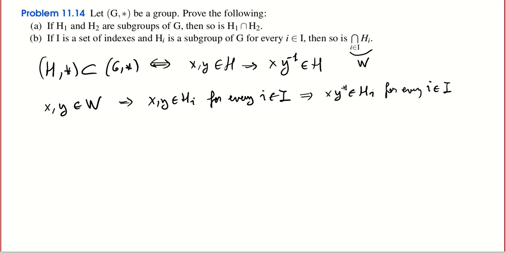If you have this element which belongs to all the sets Hi, then it also belongs to the intersection. So x y minus 1 belongs to W. So W, which is just this intersection, must be a subgroup. And therefore, we have proven this statement, and this one, as I said, is just a particular case of this one in which you just have two indexes, right?